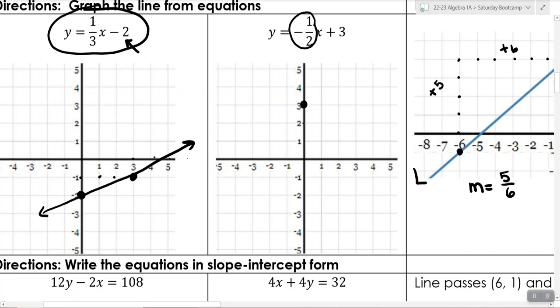Drop 1, run 2, 1, 2. And you can do it again. Drop 1, run 2. Being able to know your basic key features of your lines is very important.